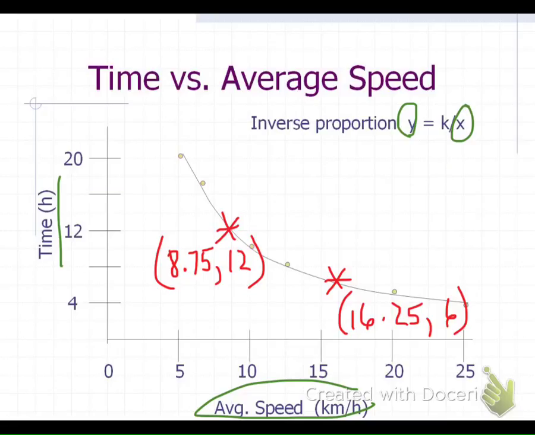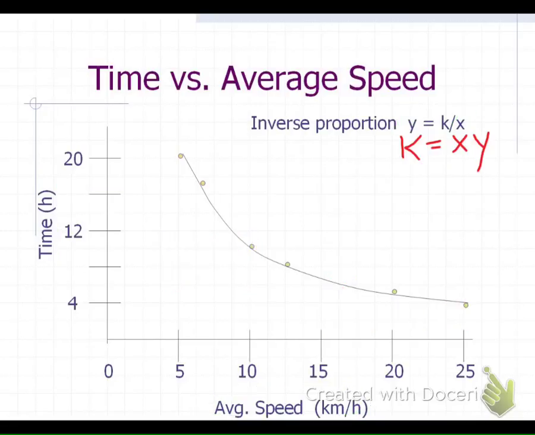So 8.75 and 12 and 16.25 and 6 are points I selected. Now if I rearrange the equation y equals k over x for k, we simply find that it is taking the value of x times y for our coordinates.